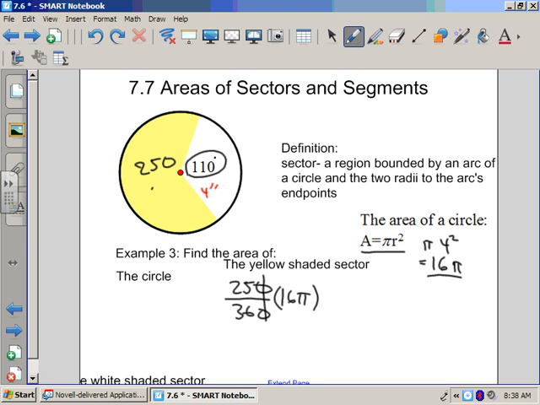I try to keep these things where those 10s cancel out so I don't have to do so much math in my brain. 4 goes into 16 4 times. 4 goes into 36 9 times. And so the area of my yellow shaded sector must be 25 times 4, which is 100 pi over 9.